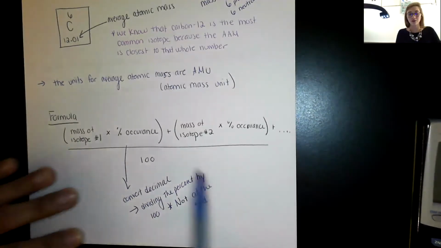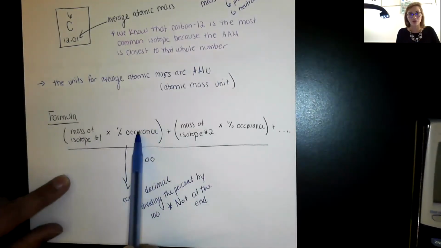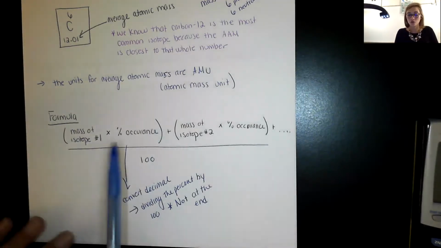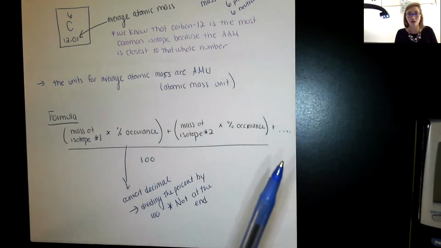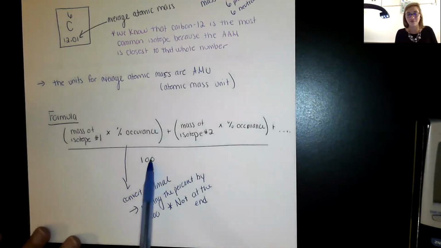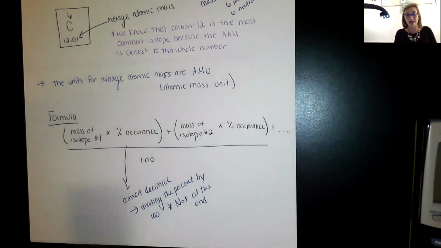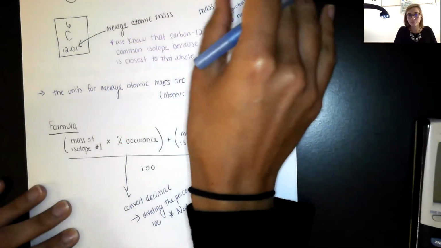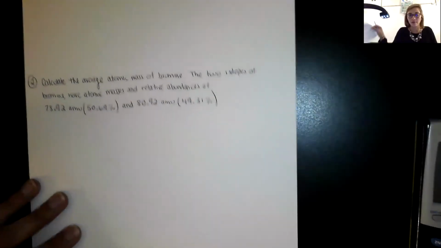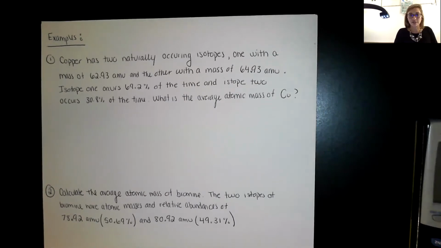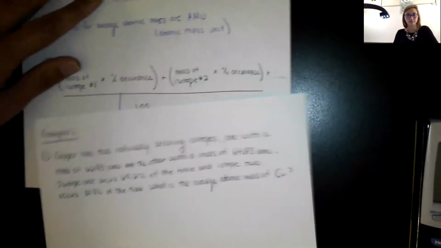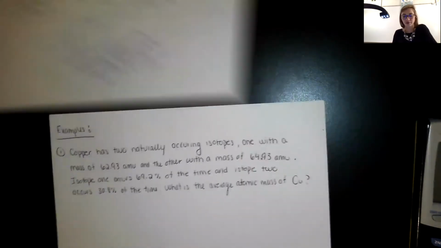So you're either going to divide the percent by 100 for each of the isotopes, or you keep the percentage as a percentage and divide once by 100 at the end. Either option works just fine. Let's do some practice problems to make sure we can do this. Oh, you have this written down, it's okay.